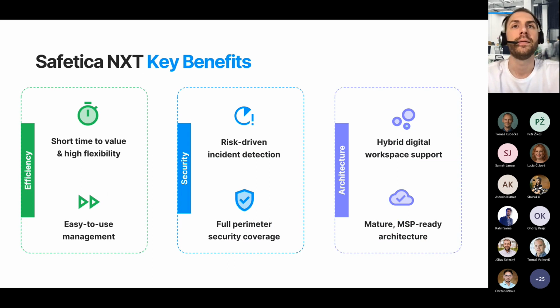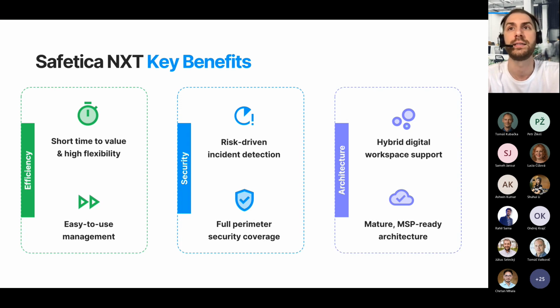So what are the key benefits or key selling points? I see there the three most important pillars. The first starts with the very short time to value and high flexibility of Safetica Next. What we mean by that, Safetica Next can be literally deployed in 5 to 10 minutes.